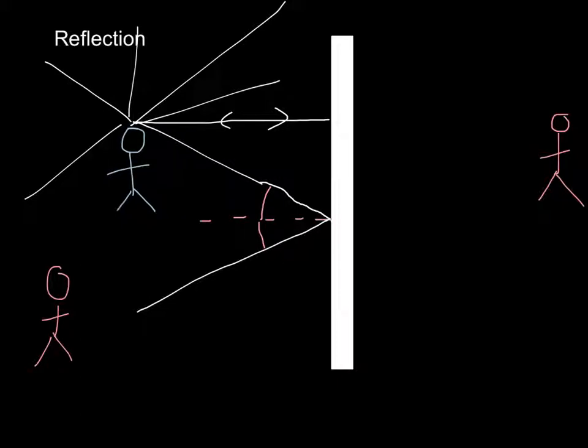So I would say, okay, well, this ray seems to be coming from somewhere there. And now we start to see, let's see if this thing does the same thing. So I can also extend this right here, so that it looks like it's coming from over here. And now we see that these two imaginary light rays converge precisely at the same point, but at the back of the mirror.